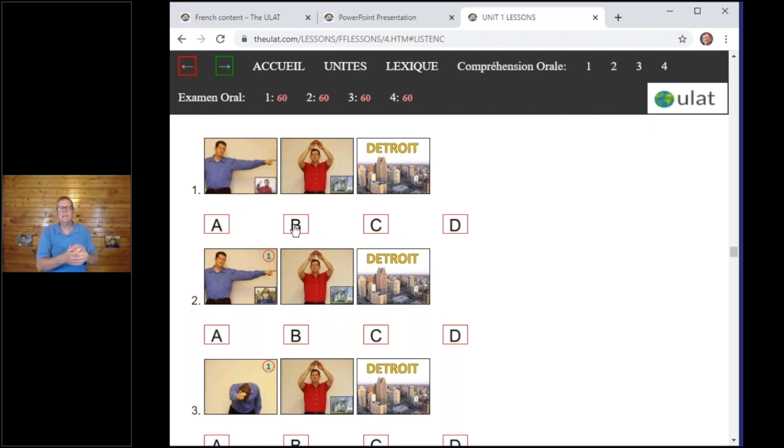So instead of habiter, it would simply be habite. And then the last one is il habitait à Détroit. Same thing. The verb wasn't chopped off. We were referring to a young man, but the verb was not conjugated or formed correctly.